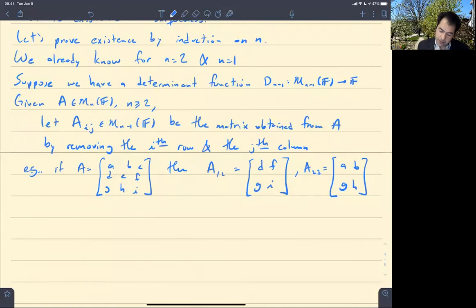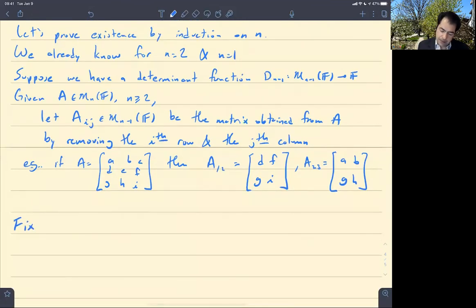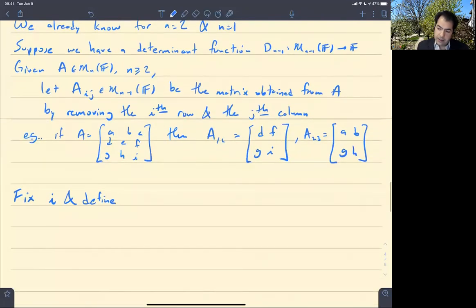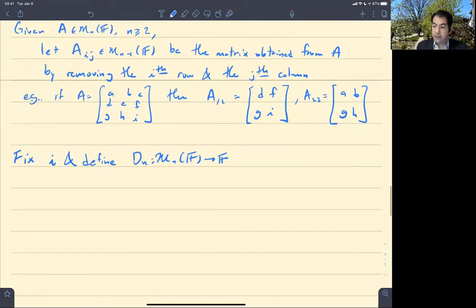Let's fix an index i, and let's define d_n. This would be a function on matrices of size n by n valued in the field.